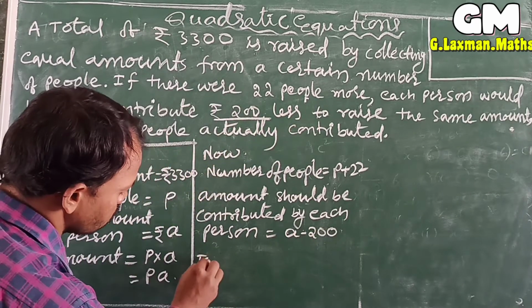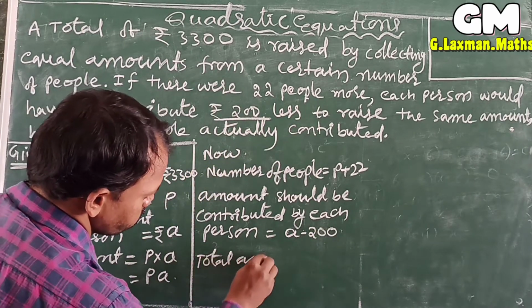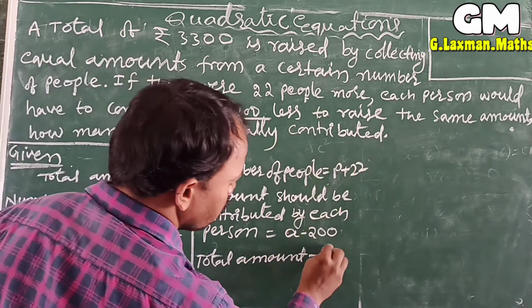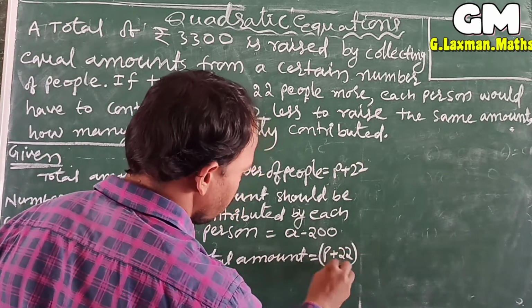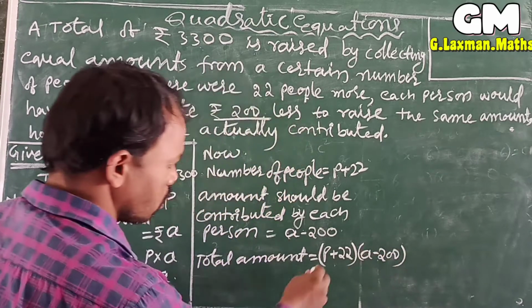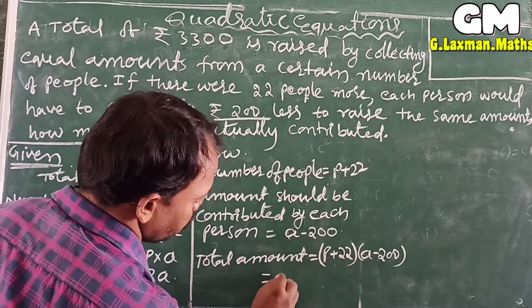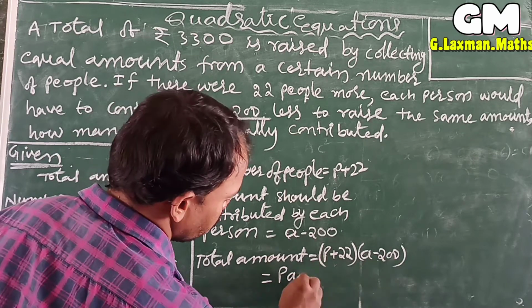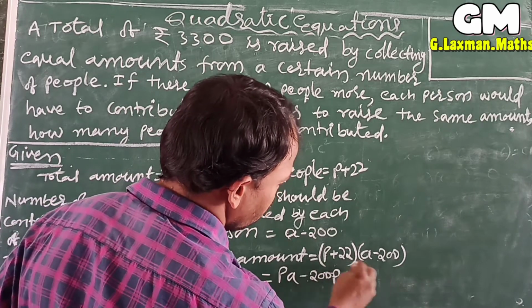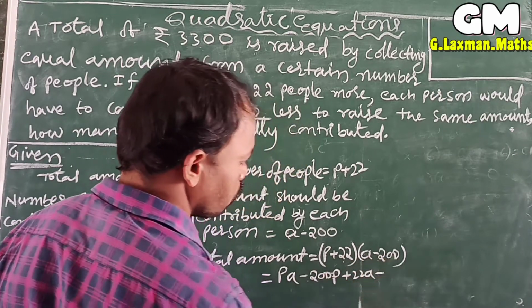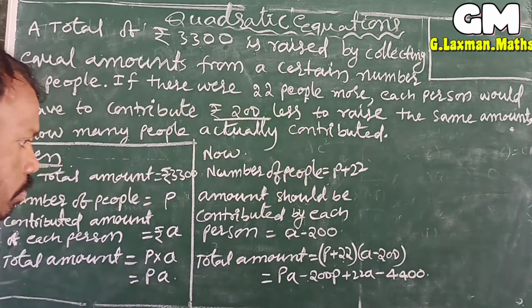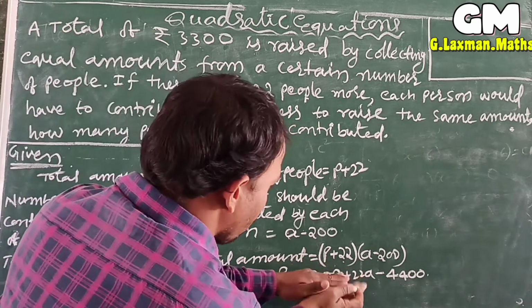Now the total amount: the number of people is P plus 22, into the amount A minus 200. So just multiply it: P into A, P into minus 200 is minus 200P, plus 22A, minus 22 into 200, which is 4400.